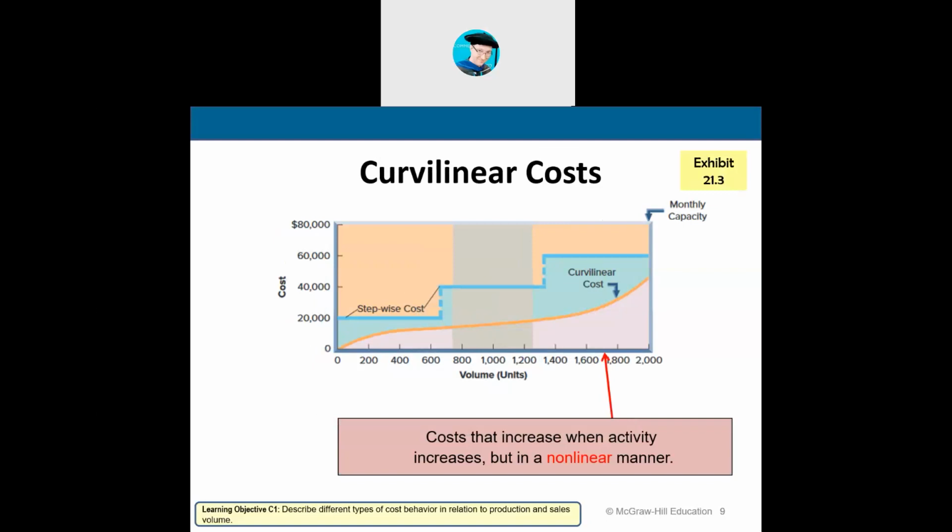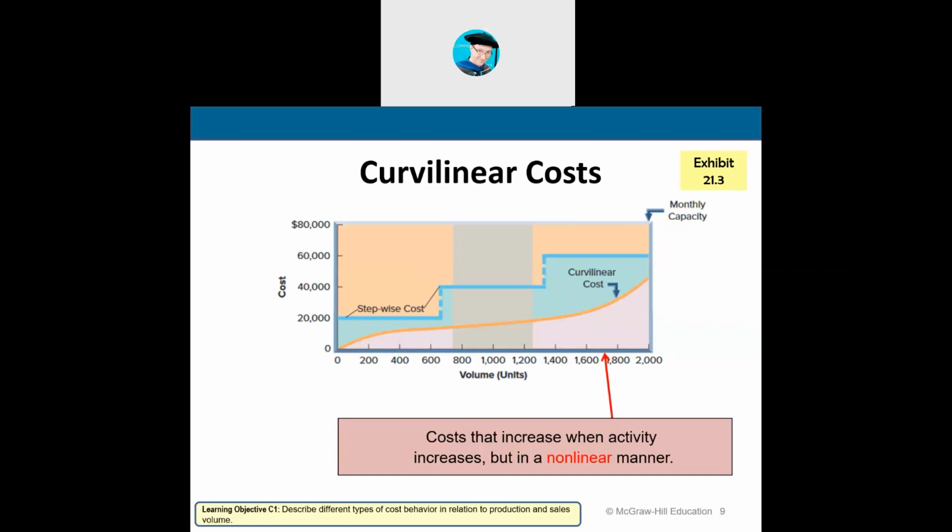We also have what we call a curvilinear cost. This represents an increase in cost over time with the increased level of production, but it's not a straight line. It doesn't just rise incrementally. It rises based off of each stage of production.